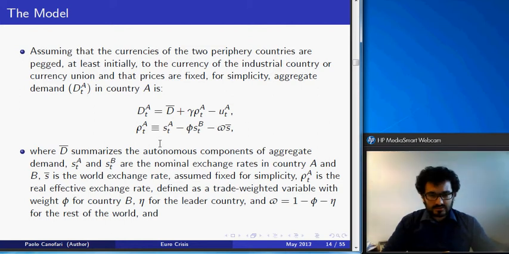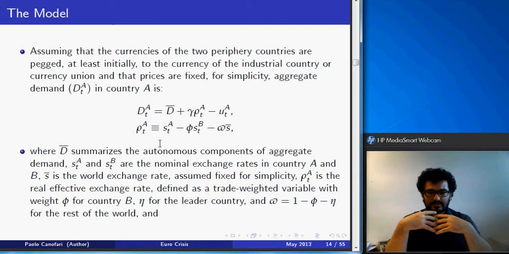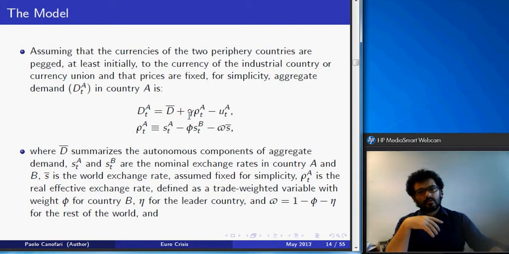We cannot observe prices in this definition of real exchange rate because we assume that prices are fixed, and that the adjustment is through the channel of the exchange rate. So gamma is a sort of elasticity of the aggregate demand with respect to the real effective exchange rate.